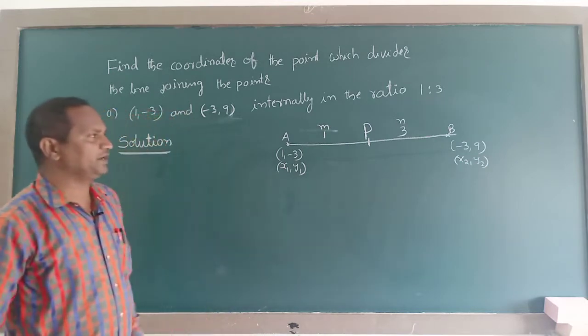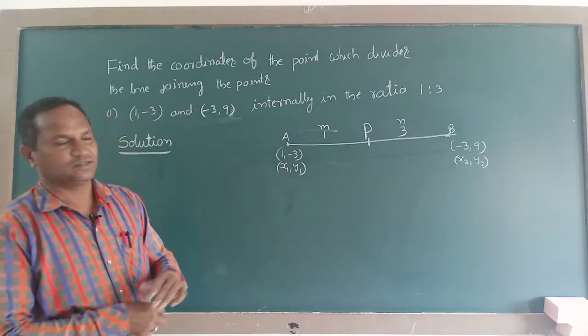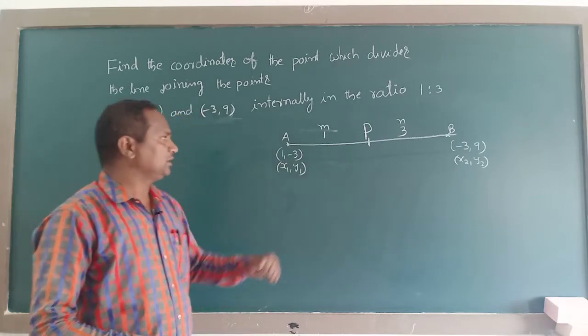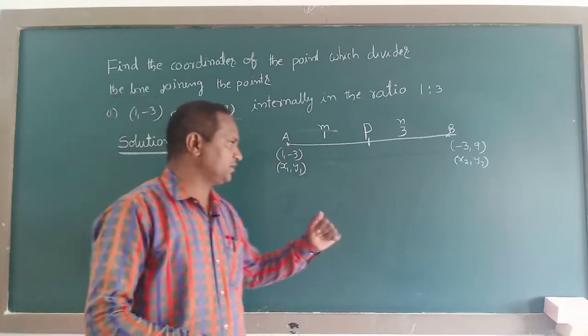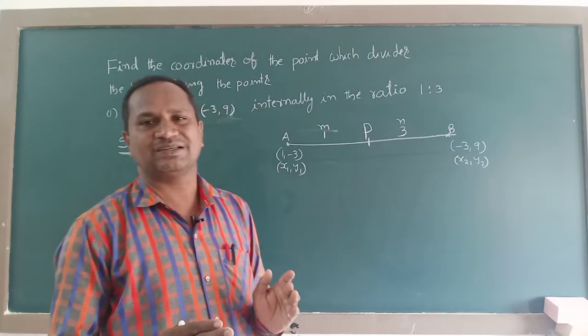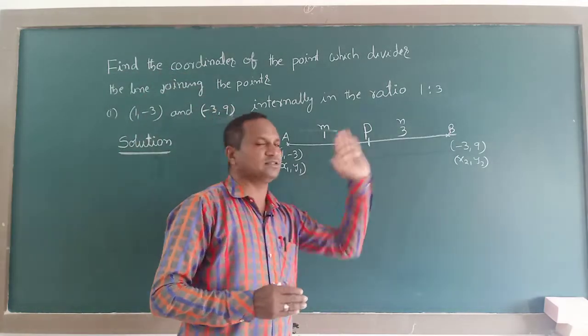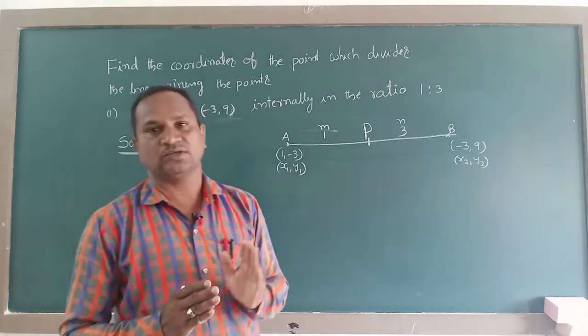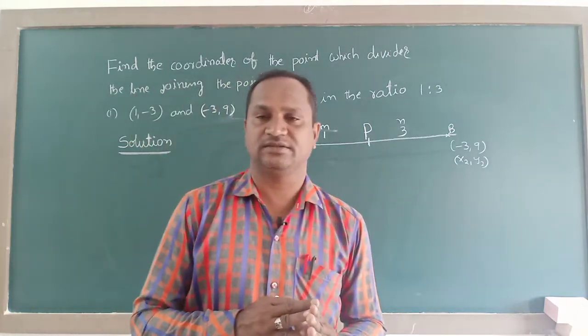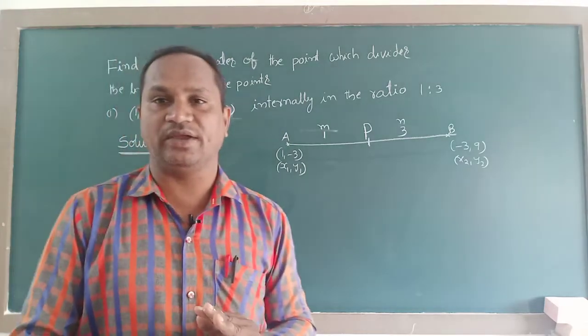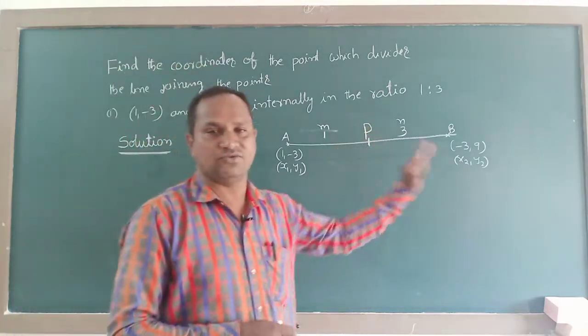Now we are going to find the coordinates of P. P divides the line segment AB in the ratio m:n, that is 1:3. One side is 1 part and the other side is 3 parts. We can observe whether the division point lies inside or outside.